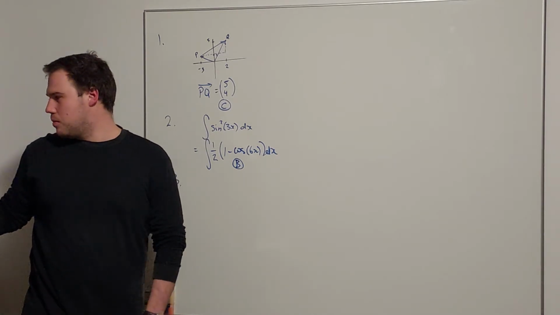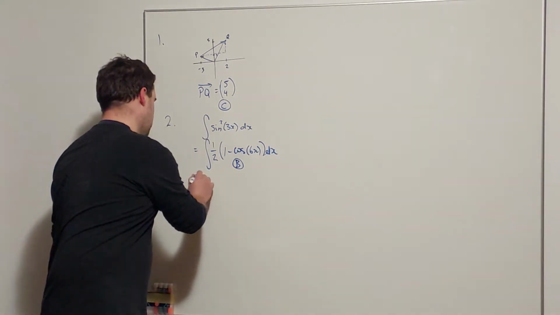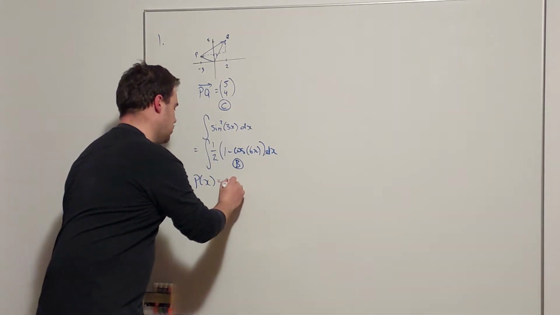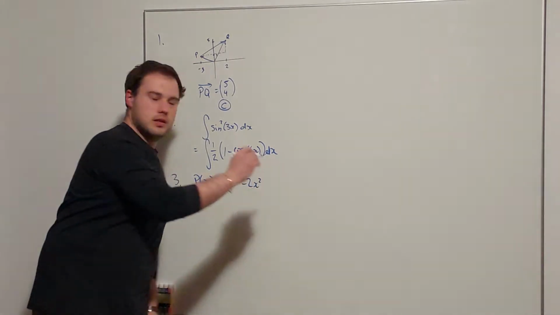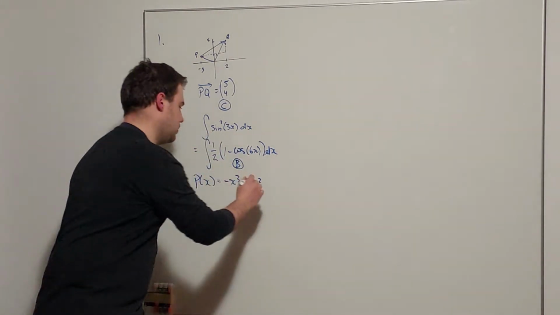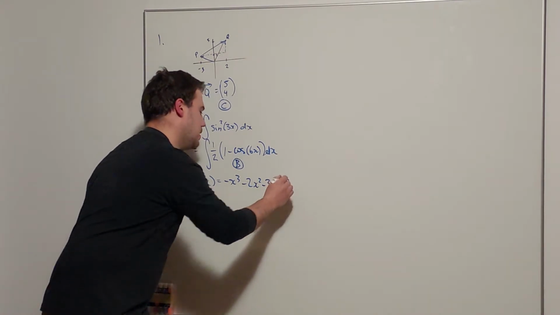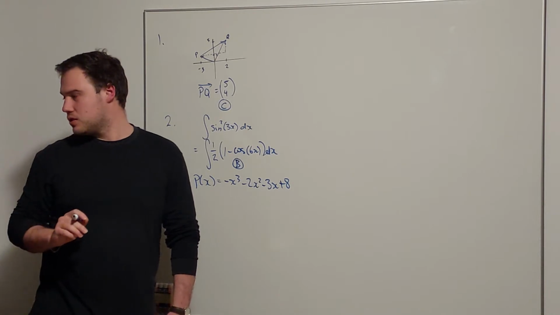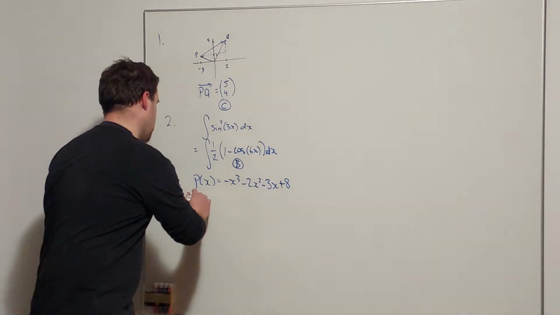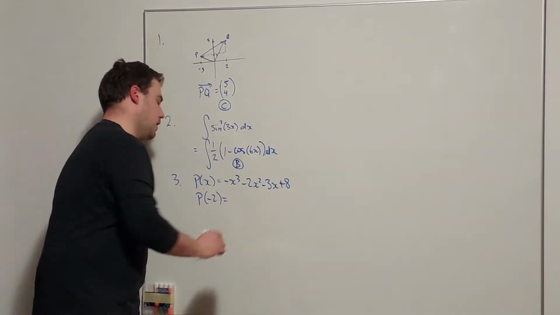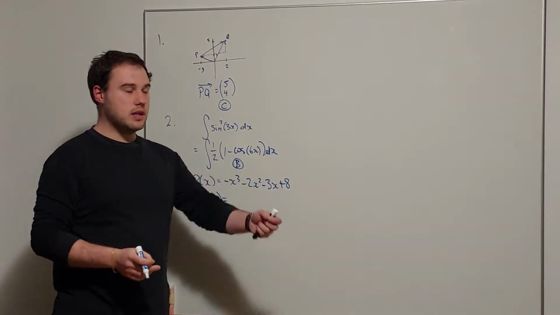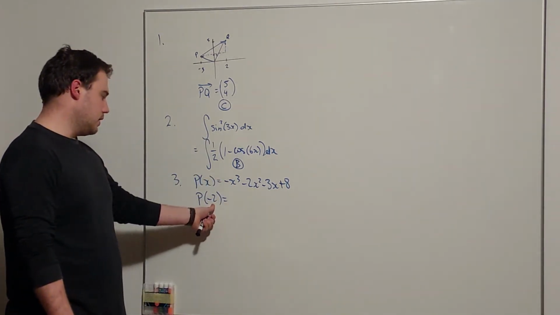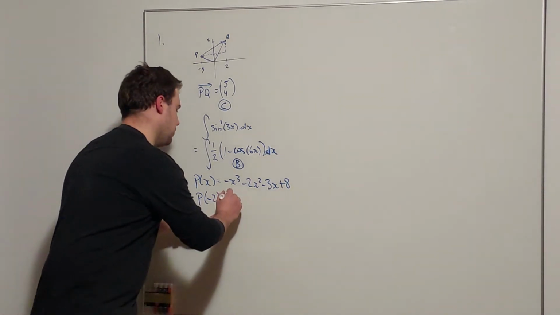Question 3. What is the remainder when this polynomial, -x cubed minus 2x squared minus 3x plus 8, is divided by x plus 2? The remainder is going to be given by the remainder theorem. x plus 2 is x minus -2, so in the form P(x) divided by x minus a, a is -2, so we can just sub -2 in.